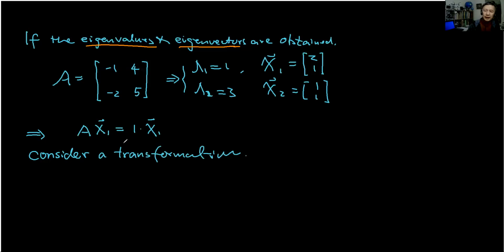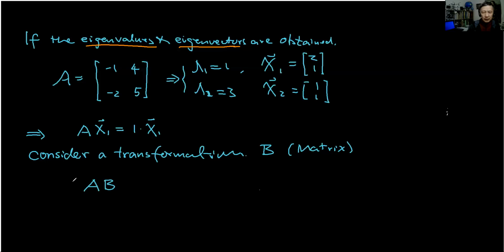Can we call the transformation B? Yes, B is also a matrix. We just assume the matrix after we multiply by B. So we use B on both sides.